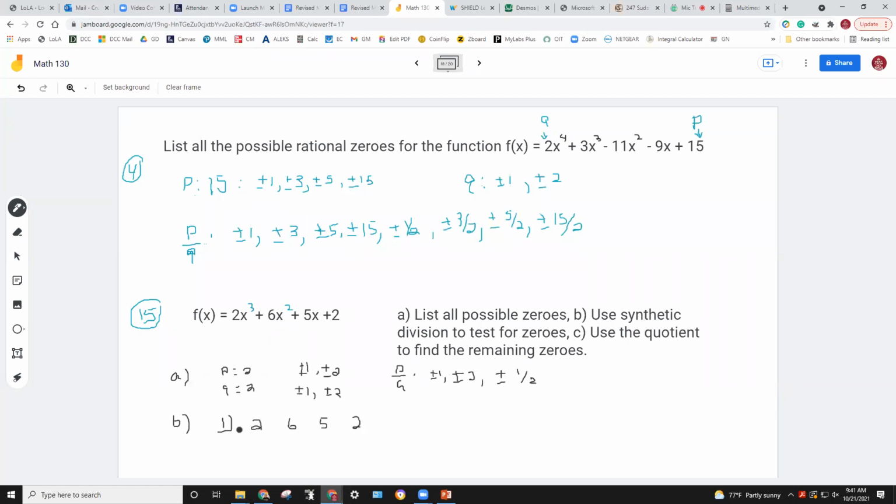All right, so bring down the 2. 1 times 2 is 2. 6 and 2 is 8. 1 times 8 is 8. This right here is 13. And then that's going to give us 15. So not this one. Let's see if we can squeeze another one in here.